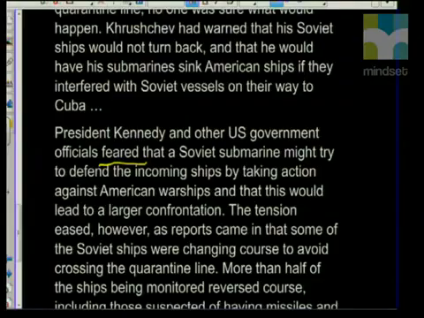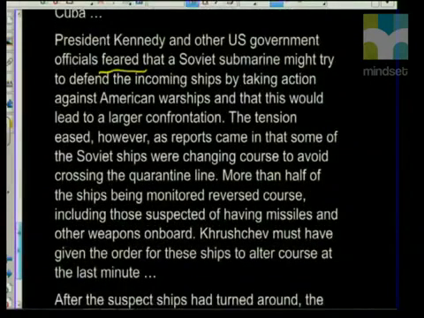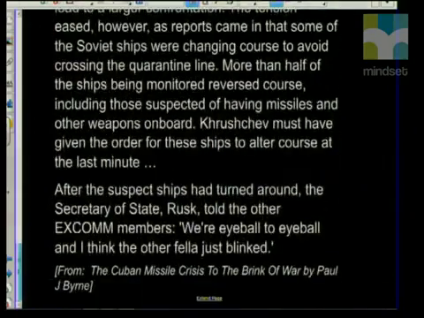Now let's see if there's any more information this source tells you. Okay, now what happened was that they had monitored those ships, and more than half of the ships being monitored reversed course, including those suspected of having missiles and other weapons on board. Okay, again, it goes on about Khrushchev.